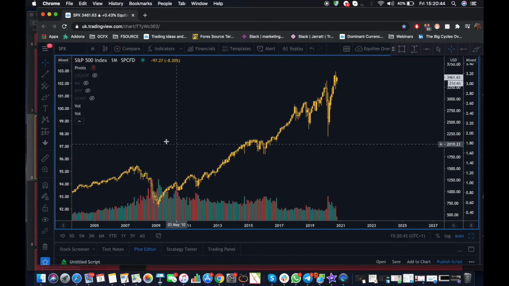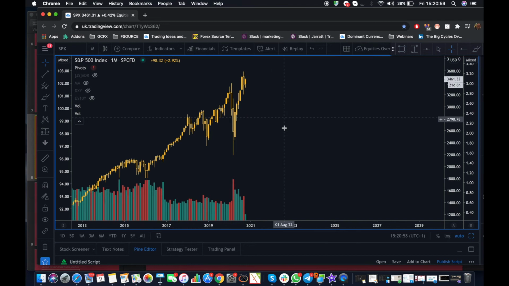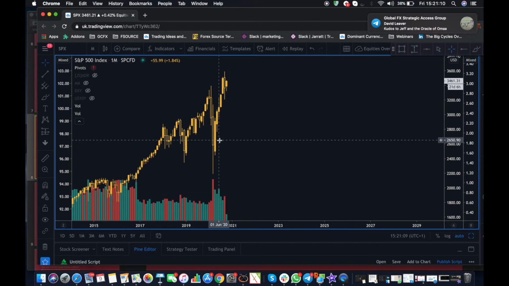Here's a couple of obvious ones. So the global financial crisis, we saw this heavy V-shaped reversal, heavy volumes. We saw that over the course of 2008, 2009, with the S&P 500 selling off heavily. We're also here, right in the middle of the COVID-19 crisis around March. So that heavy selling in equity markets on the basis of the COVID-19 pandemic spread impacting global growth and all the concerns that were around that.